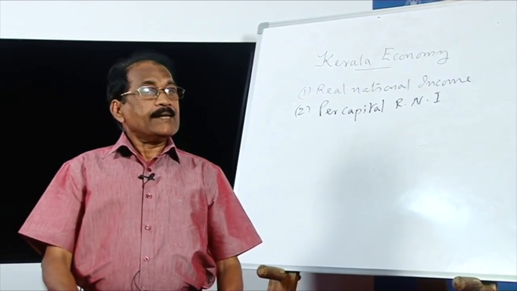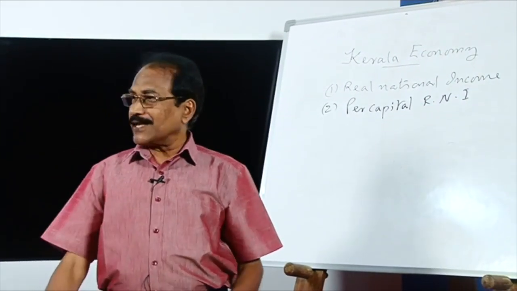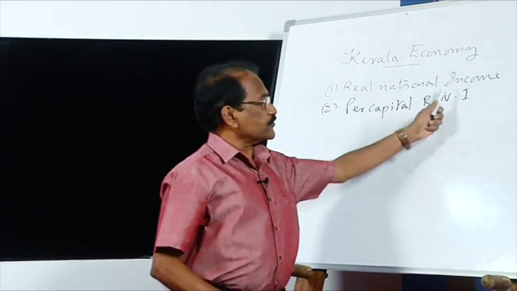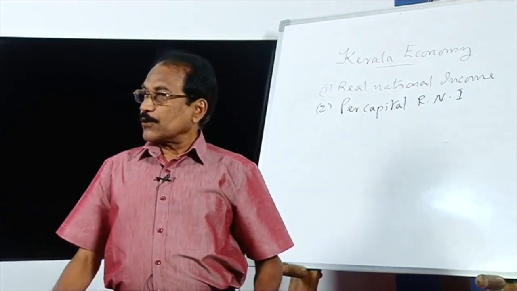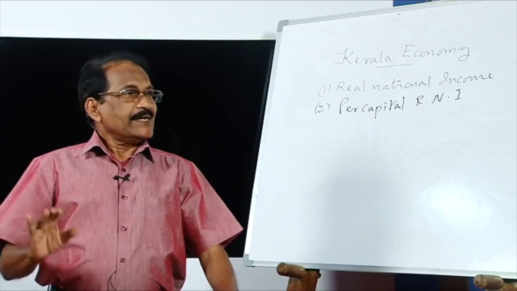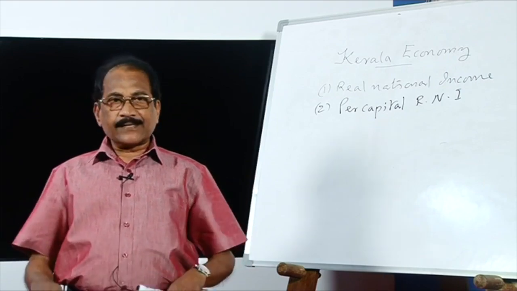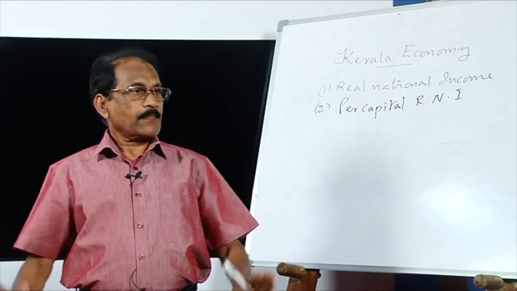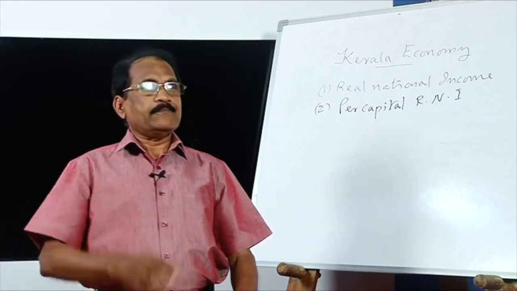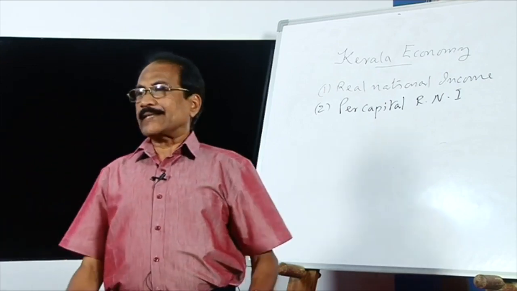How will you calculate the per head availability of national income or per capita? Real national income divided by the total population of that country during the year. Divide the real national income by the total population of that country in the same year, so that you will get average income, or per head availability of national income, per capita real national income.